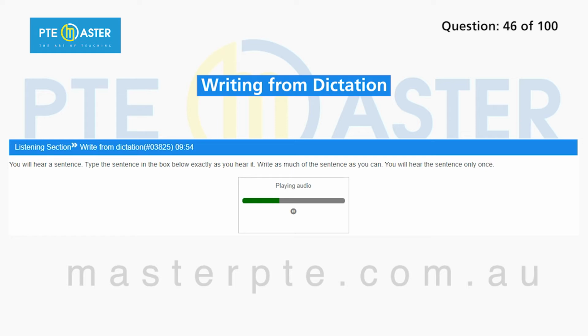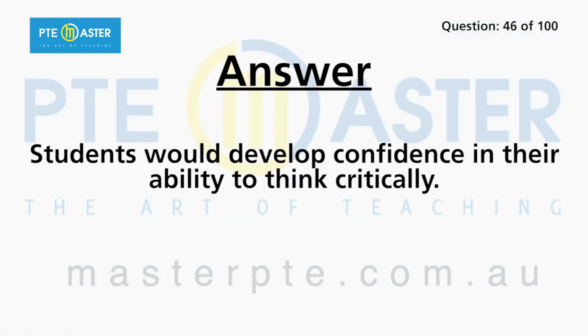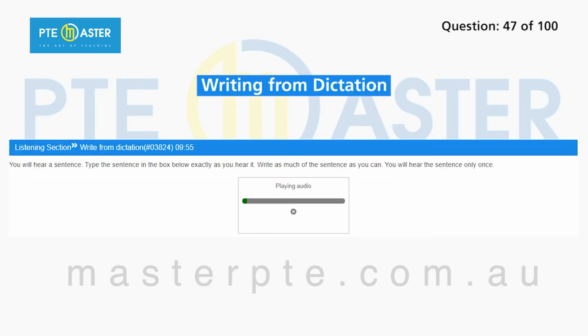Students would develop confidence in their ability to think critically. A rise in sea temperature is a sign of climate change.